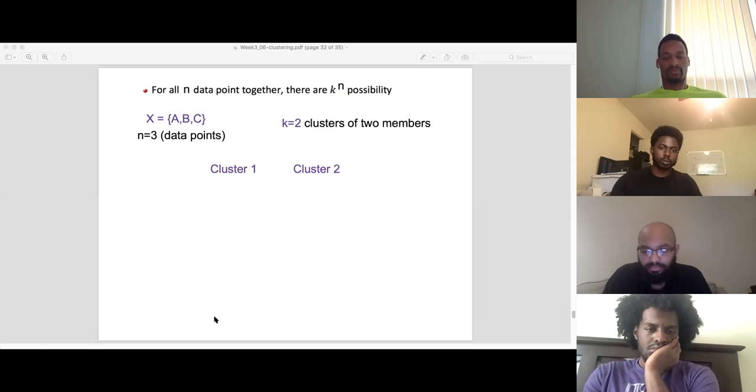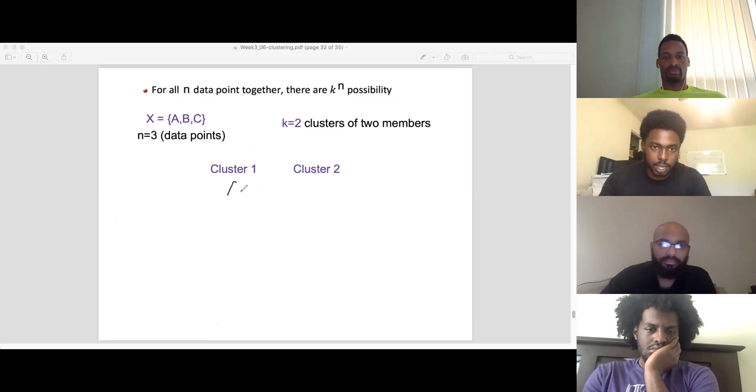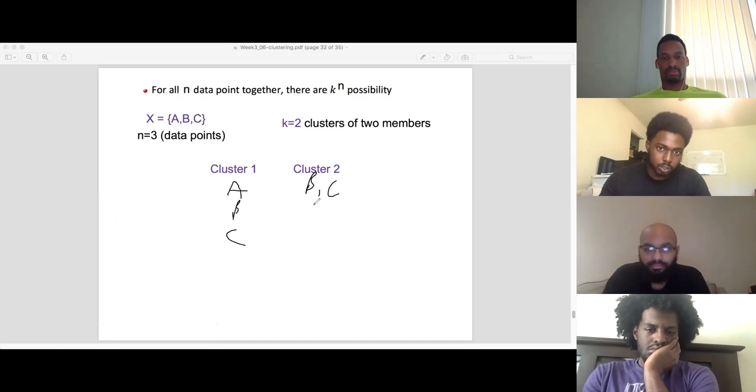I can go ahead and write that out to make it explicit. Given points A, B, C, and 2 clusters, we could assign A, B, and C into different clusters such that A is cluster 1, and B and C are cluster 2, and so on. So I could have B and C as their own cluster.